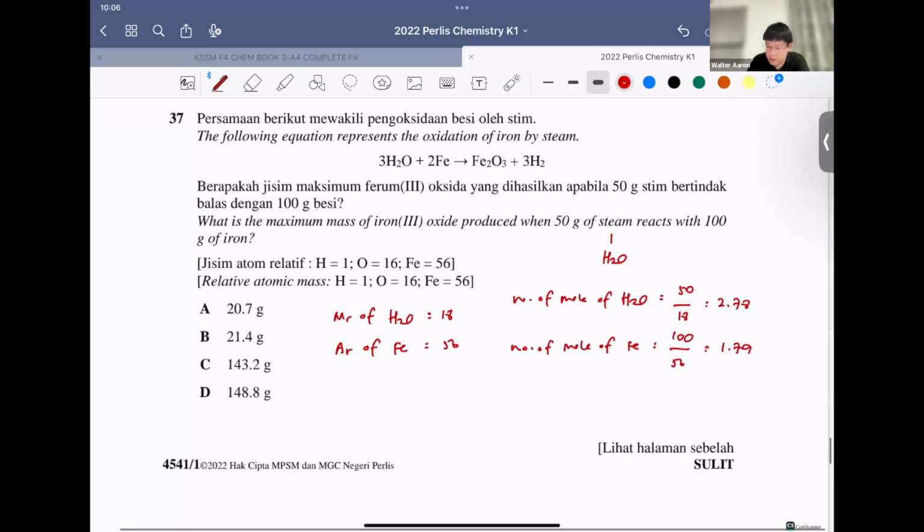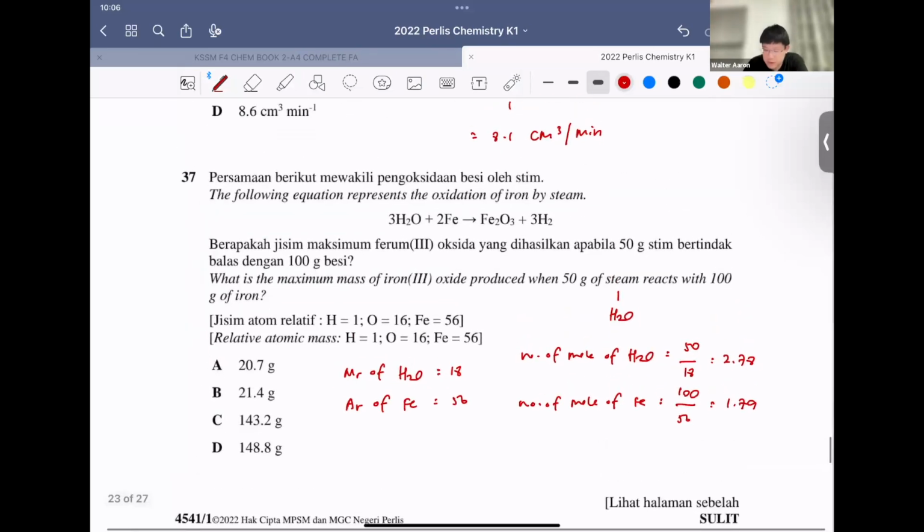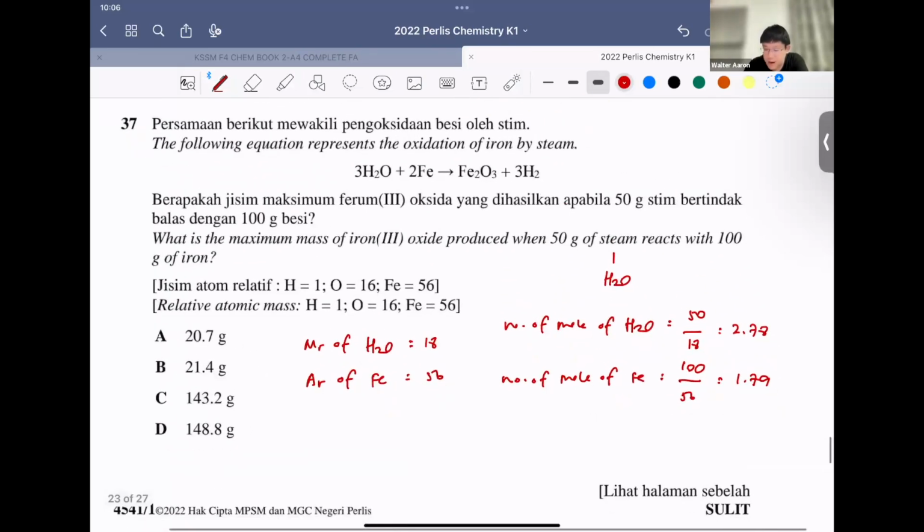Okay. So in terms of water to iron, we'll see which one is in excess actually. Yeah. So for every 3 moles of water, you need 2 moles of Fe.